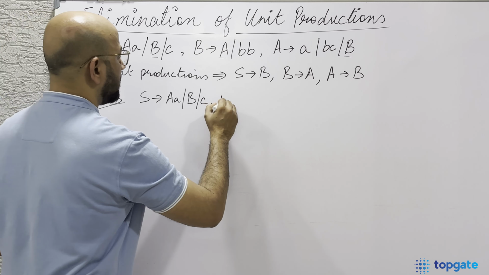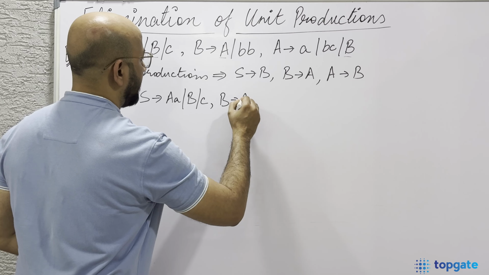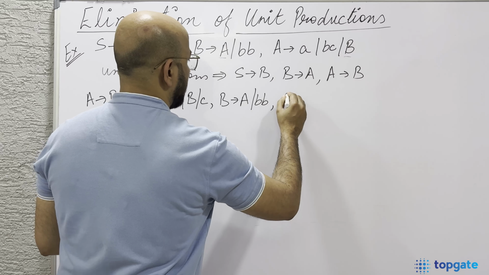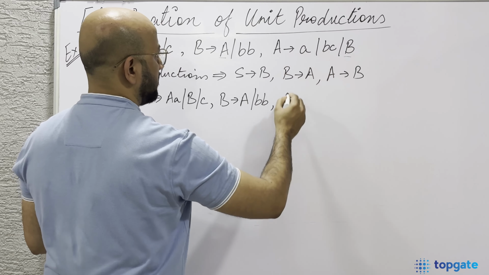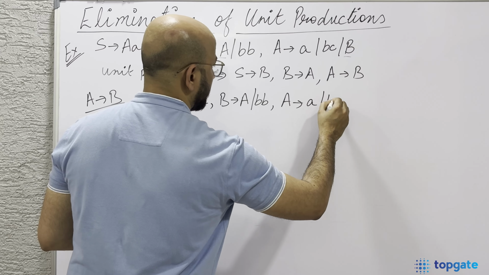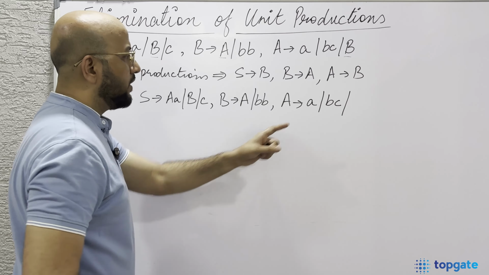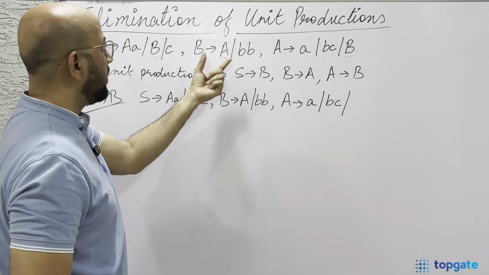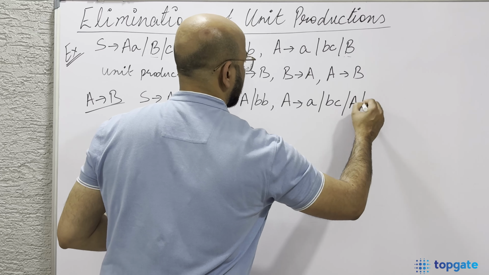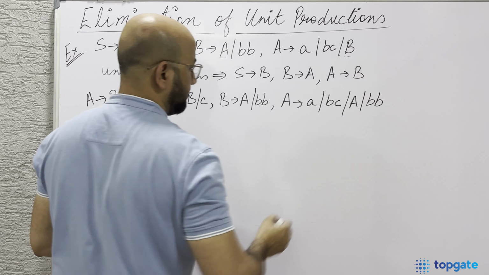Then we have B derives capital A slash BB. Then I'll write down all the remaining rules, that is A derives small a, A derives small bc, and in place of this B, I'll put these values. So I will write A slash BB.